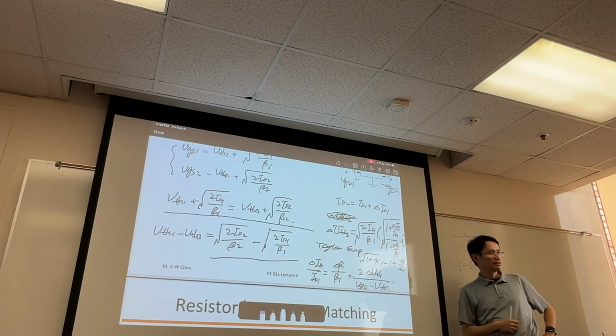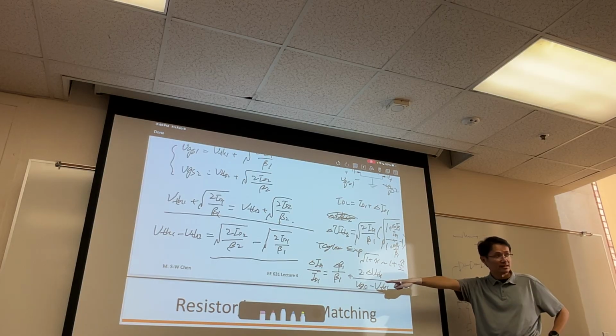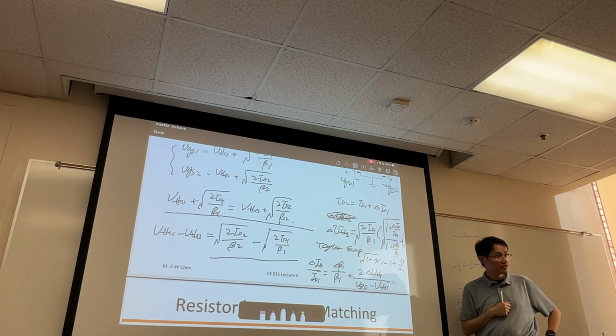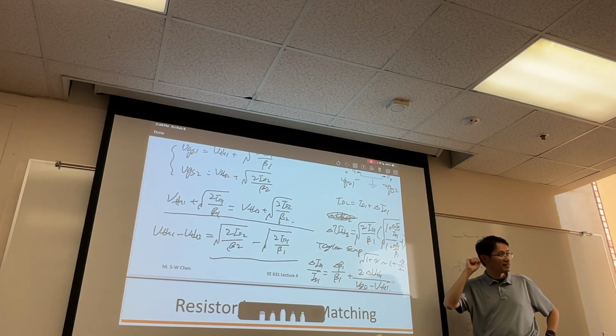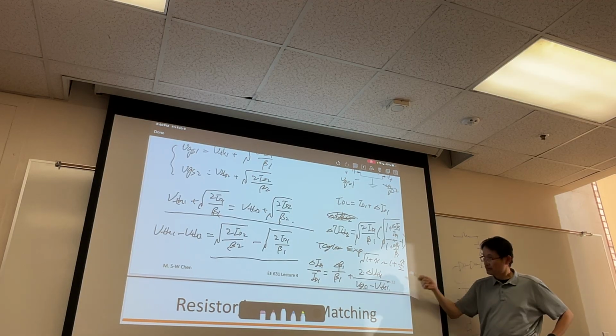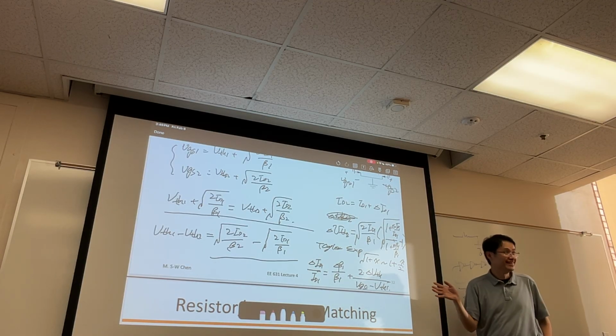In this case, if your goal is to minimize that current mismatch in terms of percentage, what should I do when I design? I should make the VDsat large or small? Large. And by the way, that's what people do.